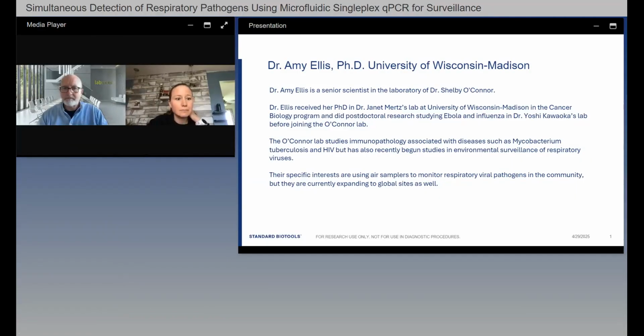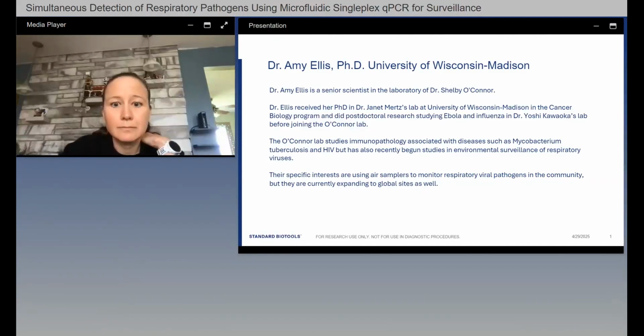Dr. Ellis is a senior scientist in the laboratory of Dr. Shelby O'Connor. She received her PhD in Dr. Janet Mertz's lab at the University of Wisconsin-Madison in the cancer biology program, and did postdoctorate research studying Ebola and influenza in Dr. Yoshi Kawaoka's lab before joining the O'Connor lab.